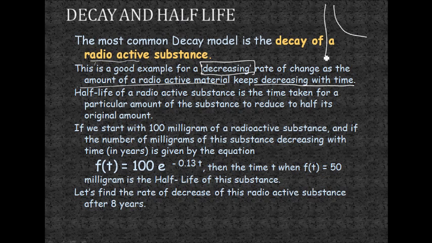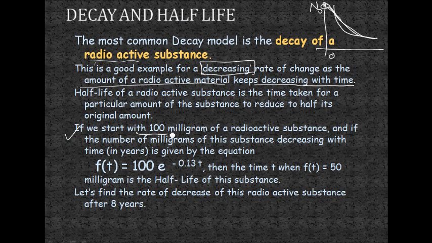Maybe it looks like this, right? Again, it starts at some point and it decreases from there. So at t equal to 0, you start at some amount of the radioactive substance. As you can see, there is an example here.